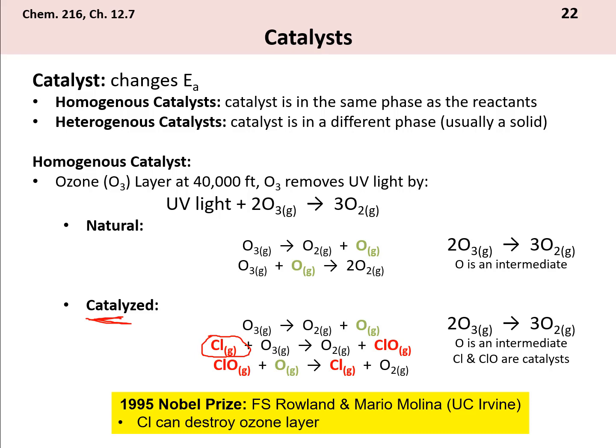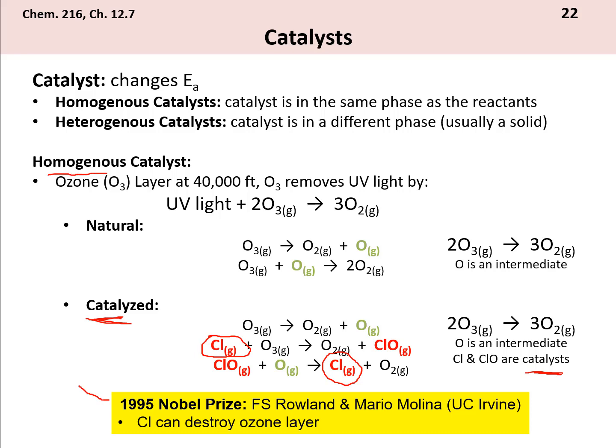And so the chlorine would be produced, would destroy the ozone, and then it would come back up, right? So it would be destroyed in one step, and then it would be remade. And that is what's called a catalyst, right? But notice that these are all gases, and that's why this is a homogeneous catalyst, okay?